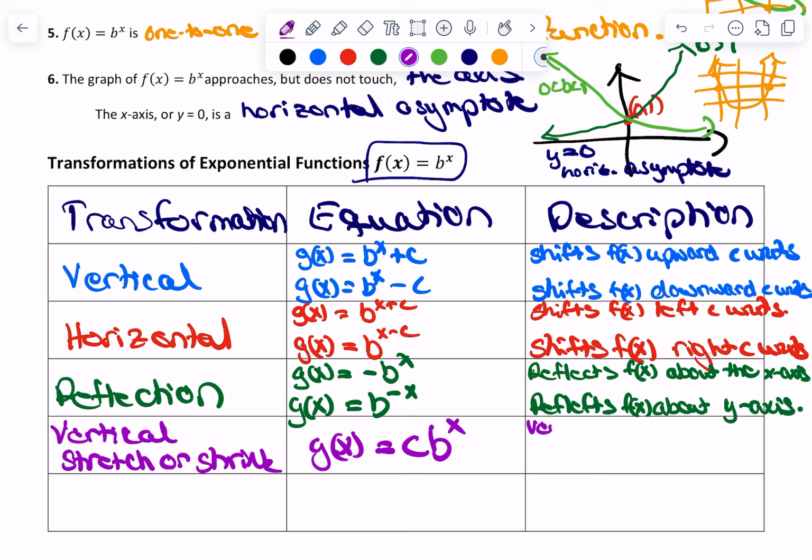So it vertically stretches f of x if c is greater than 1 and shrinks if c is between 0 and 1.